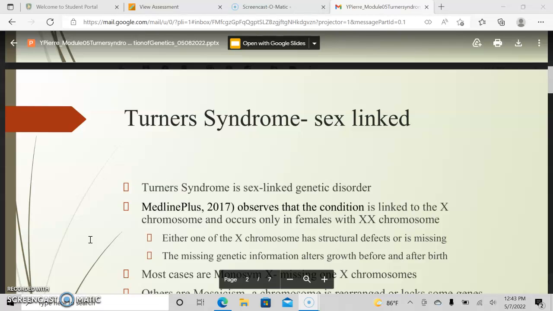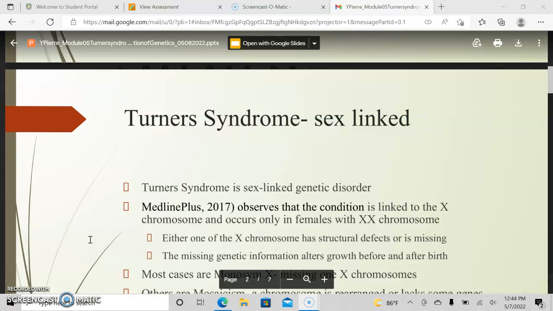Either one of the X chromosomes has a structural defect or is missing. Notably, the missing genetic information alters growth before and after birth and is responsible for most of the symptoms.